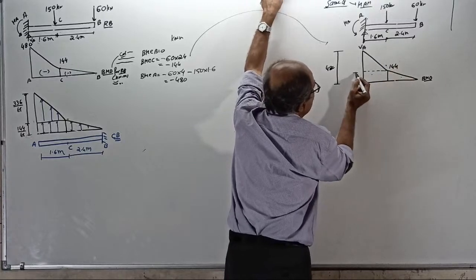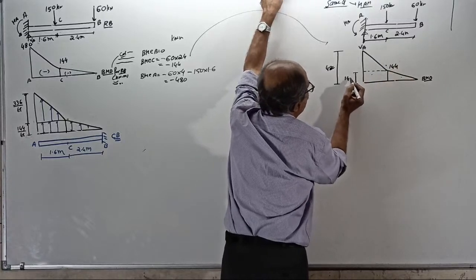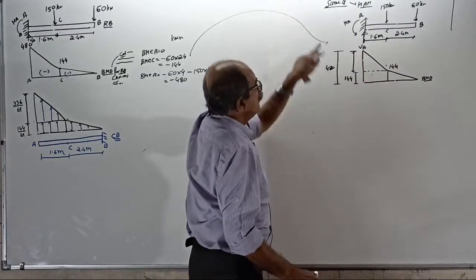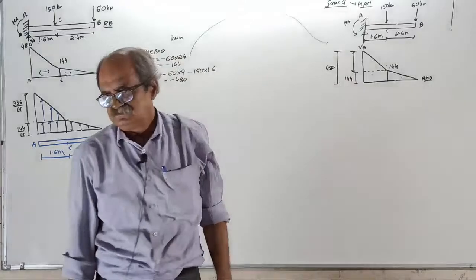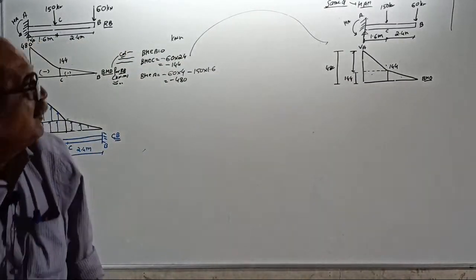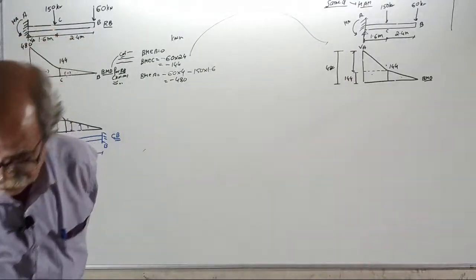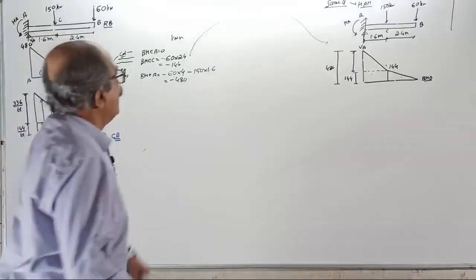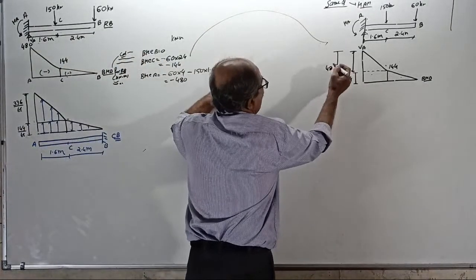This also is what? 144. Tell me, what is this one? Tell me, what is that one? In moment area method, same in conjugate also. That value is 480. Total 480. Divide into rectangle and triangle.